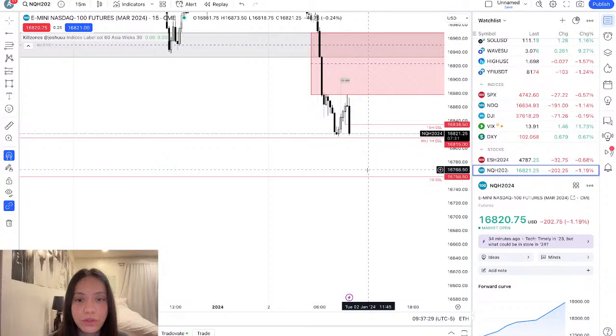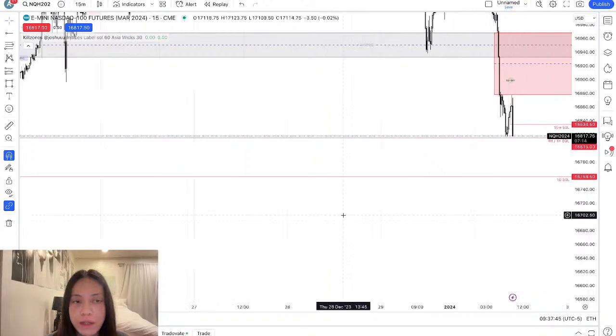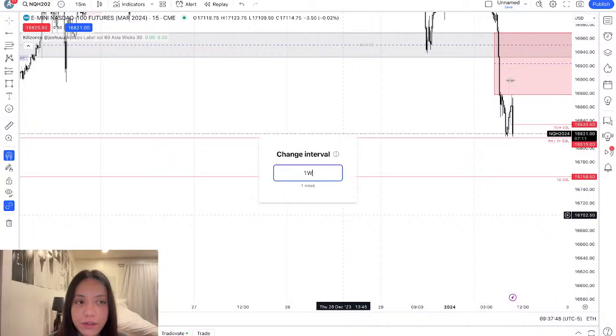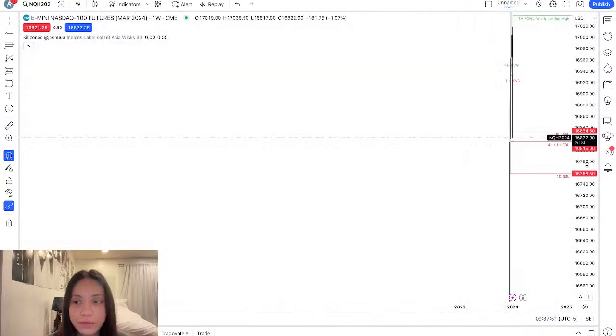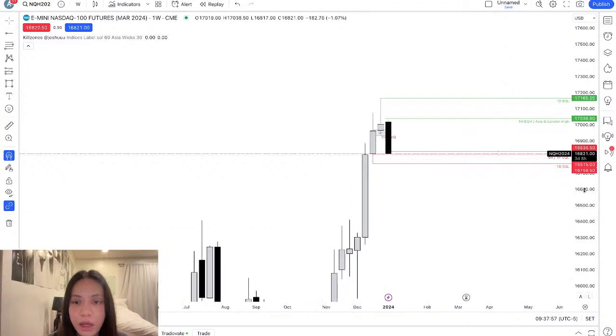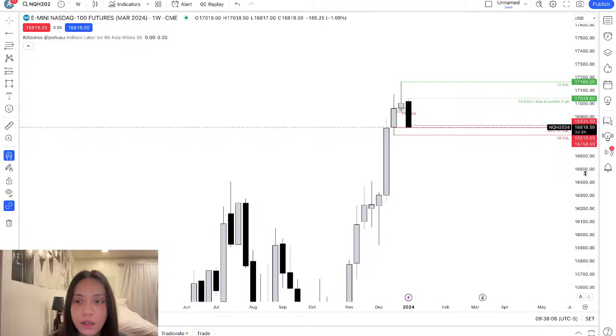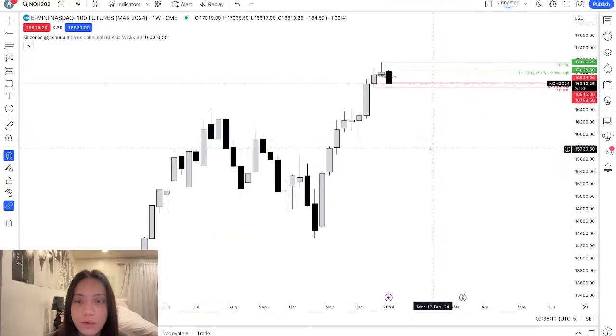I went through my notes this past weekend and I realized that ICT tells you to make a weekly guess of where the weekly candle is going to go. At this moment in time, I'm wrong, but I thought the weekly candle was going to go up still, just because we're at all-time highs, but it's looking like it wants to pull back into this fair value gap, which is expected.